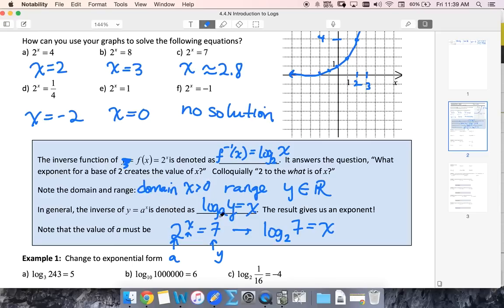The input, though, has to be positive. So anytime I raise something to an exponent, I get a positive number. The base, like we explored in class today, has to be positive. So it's really a bit confusing to look at this in words. Let's go and look at some examples, and we'll do that in the next video.